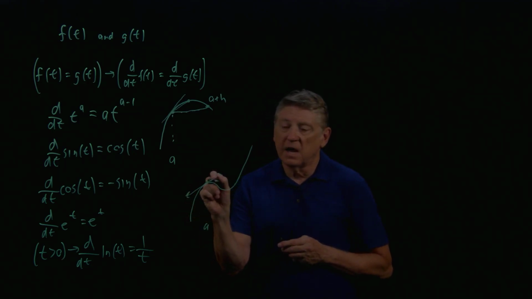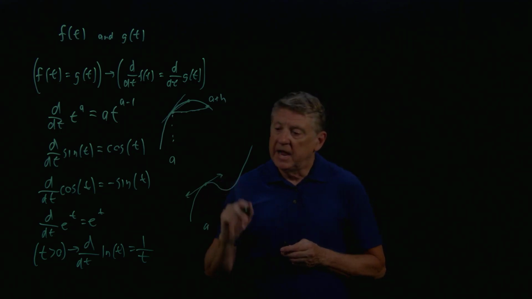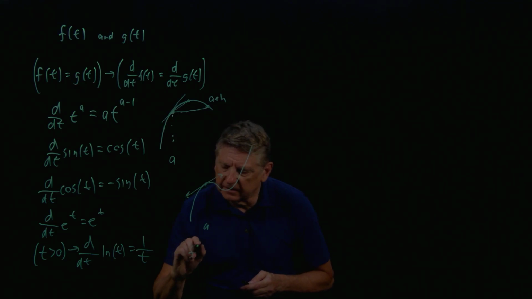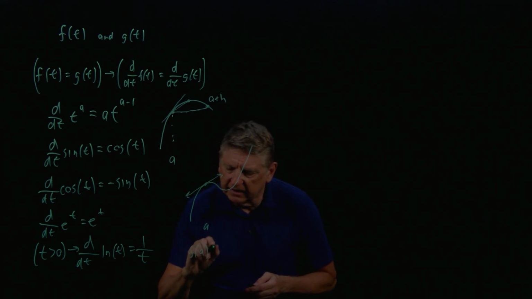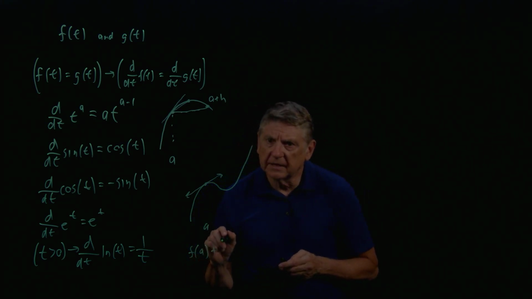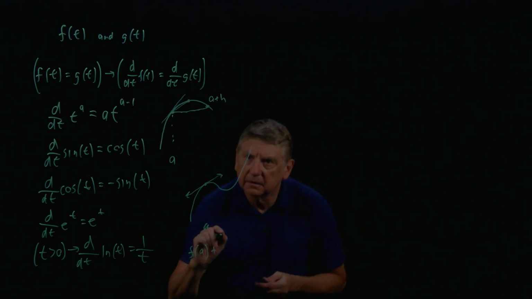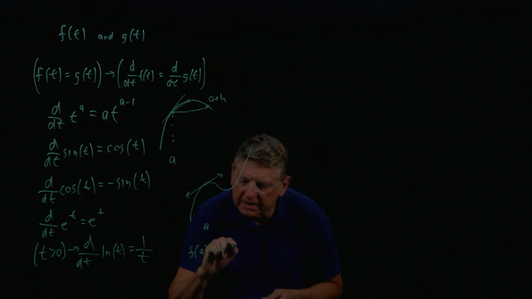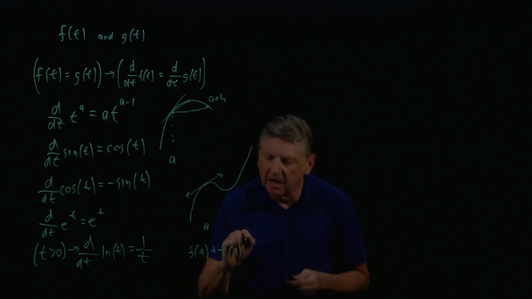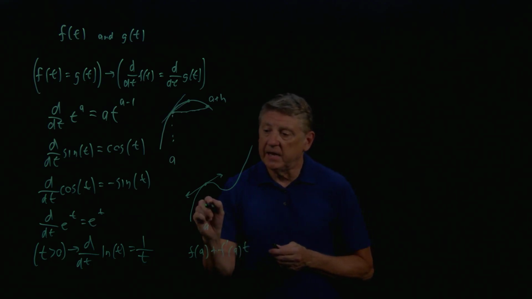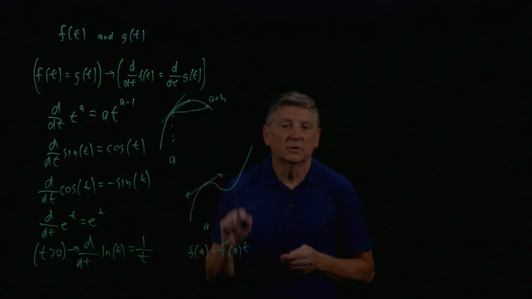Now, that line has an equation, and the equation of that line is f evaluated at a plus f prime evaluated at a, times t. And then as t varies negatively and positively from a, it will describe a line.